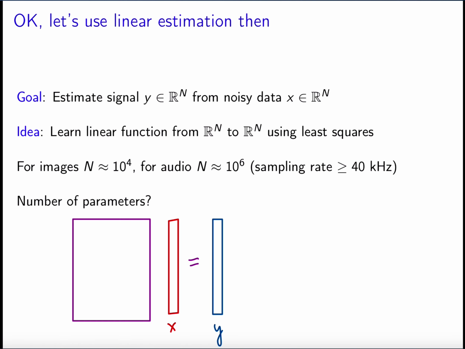Like what's the dimensionality of this matrix? Remember that any linear transformation can be represented as a matrix. Well, the linear model is basically n by n, which means that the number of parameters of this linear model is n squared.